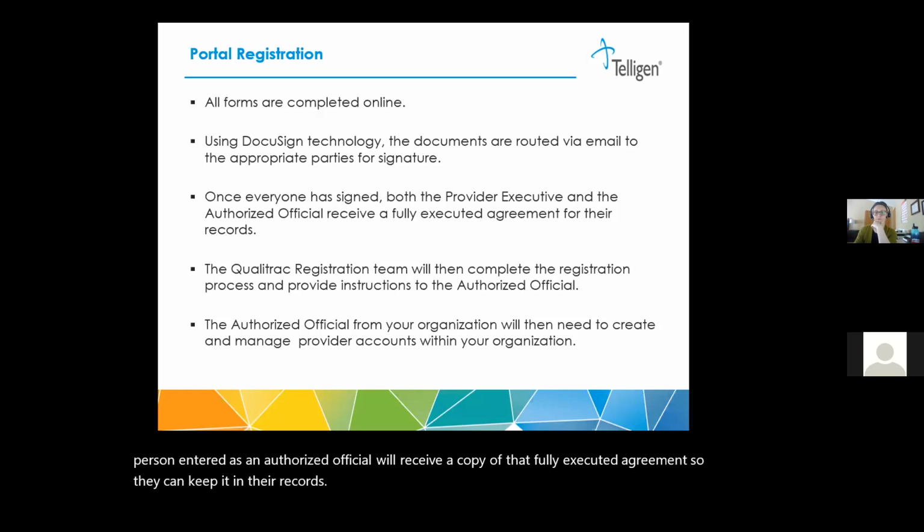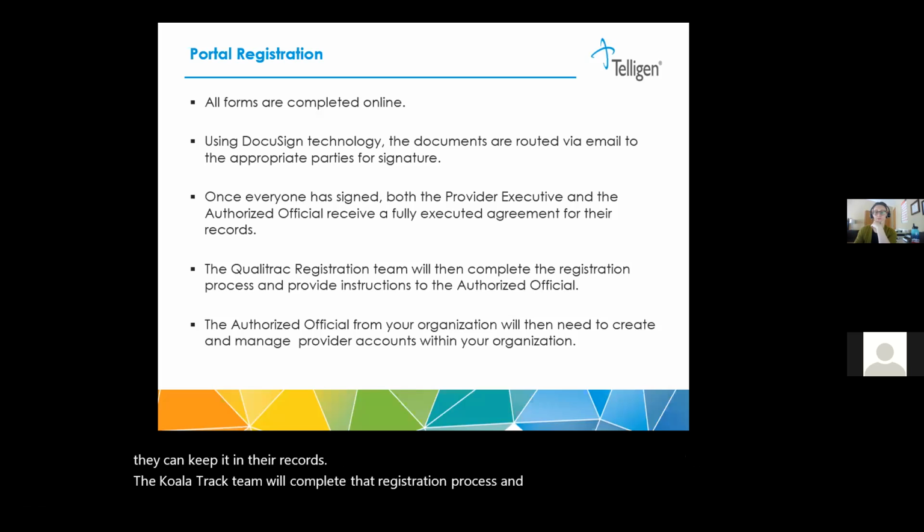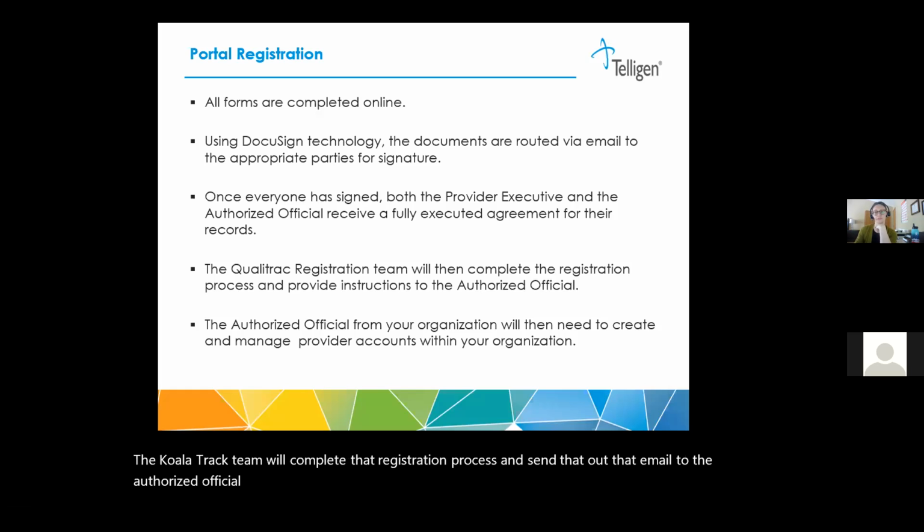The Qualitrack team will complete that registration process and send that email to the authorized official with their user ID and that link to activate their account. And then that authorized official will have access to begin creating and managing all the other user accounts within the organization.